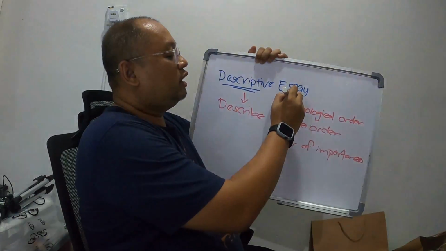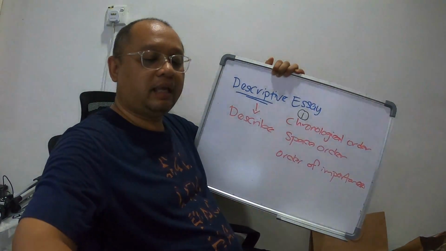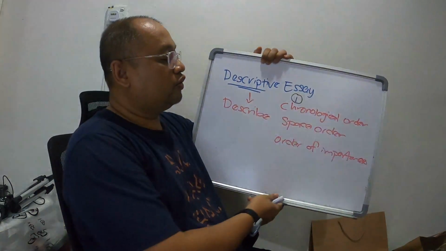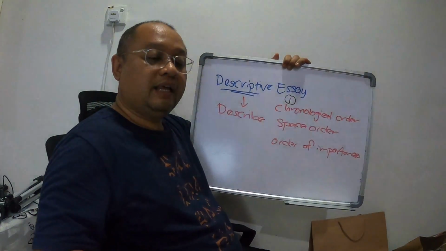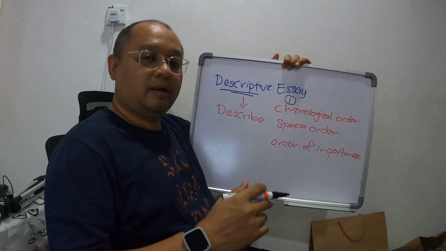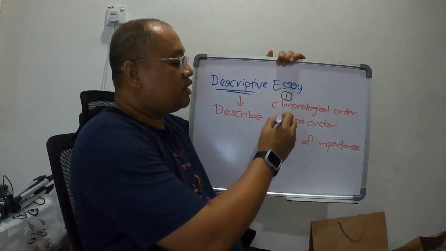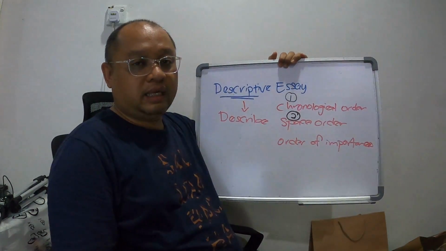One, you can use the chronological order, whereby in chronological order you're going to follow the steps from the beginning until the end of it. Meaning which comes first and then what is the step that appears at the end. And then space order, this is more when you are describing a place.